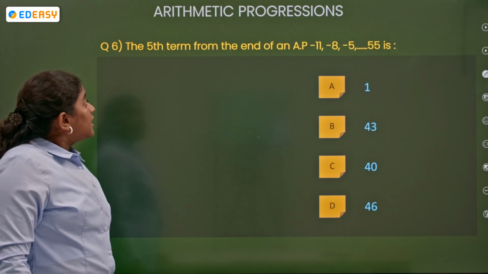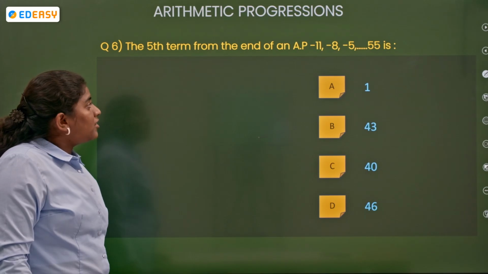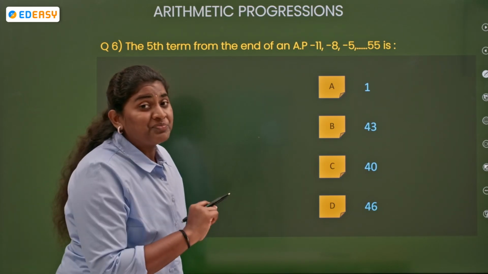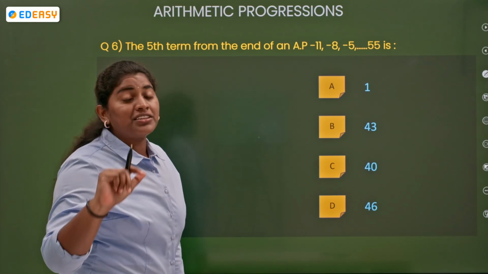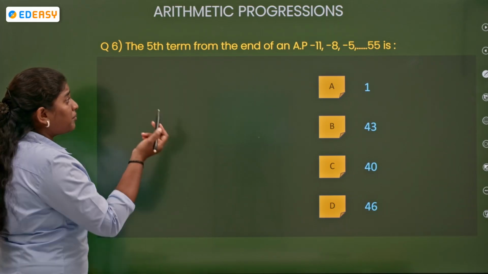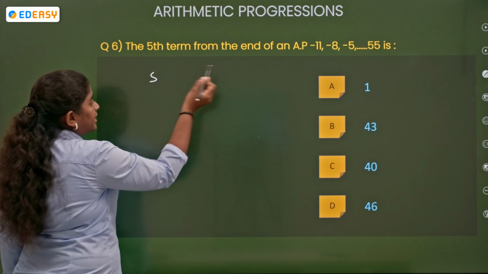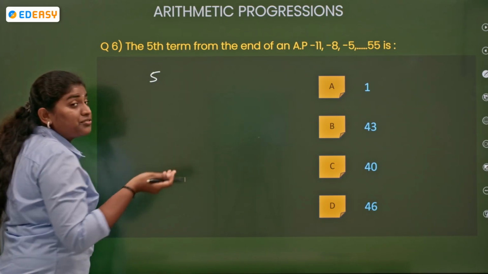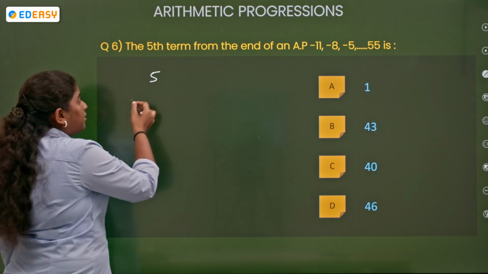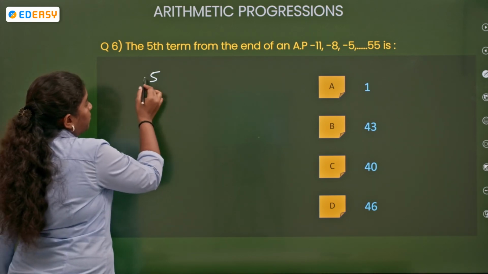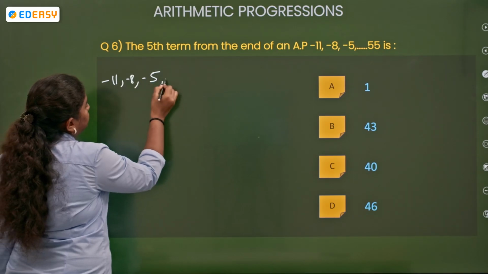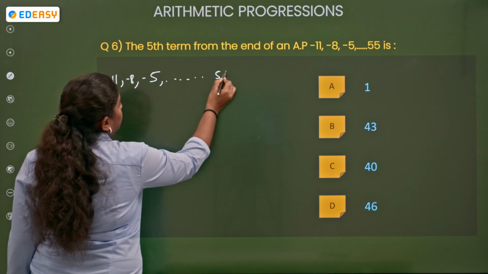Moving to the next. The fifth term from the end of an AP is... So here comes the question. We need to find the fifth term from the end. So what will we do? Just take the reverse. If you are getting confused with the formula, coming to here, they gave you an AP: minus 11, minus 8, minus 5 and so on up to 55.